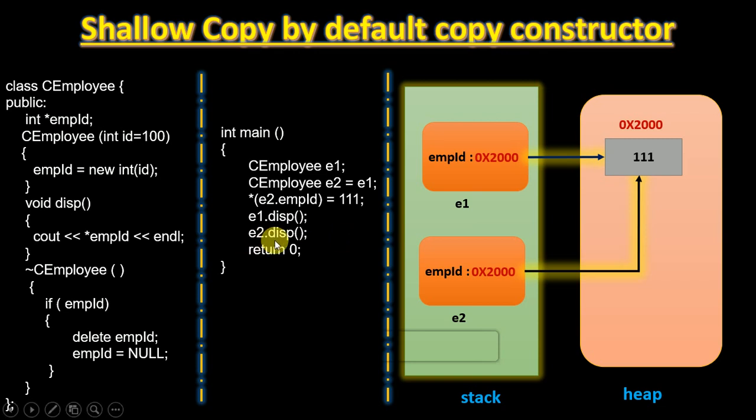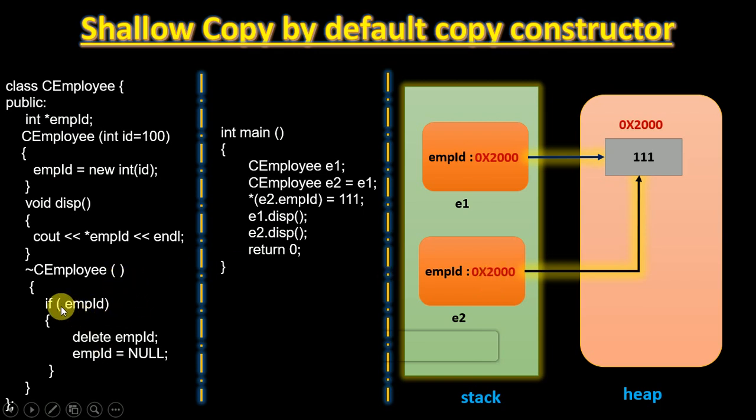Now after displaying this, what we are doing is return 0, meaning we are coming out of the main scope. The object created later, that is the E2 object, since it is a stack, first come last out, so E2 object will get destroyed first. Whenever the E2 object is going to be destroyed, it will call the destructor.